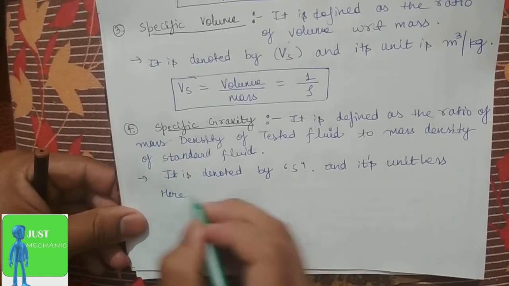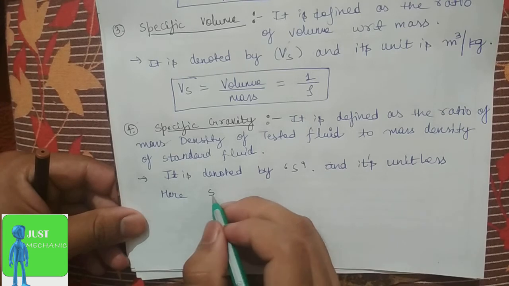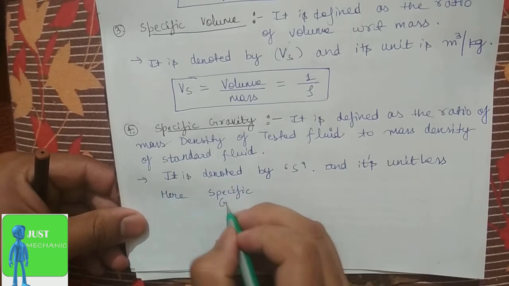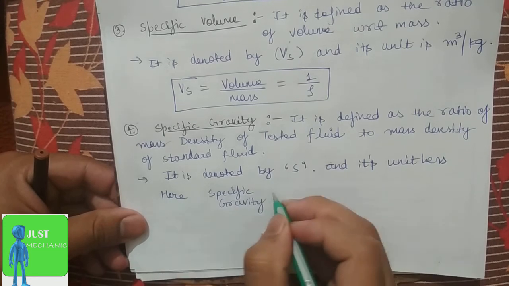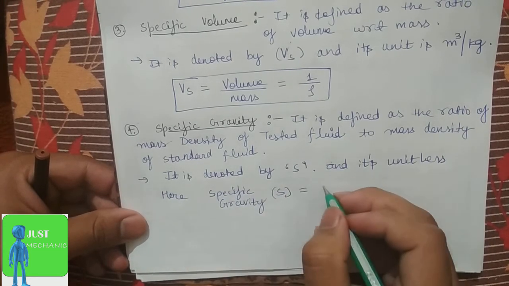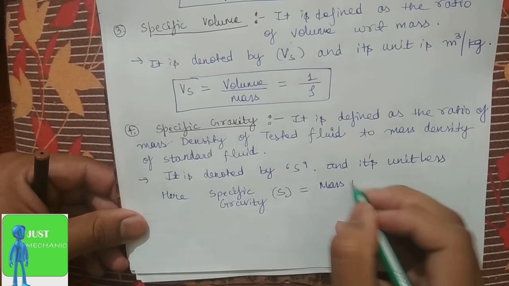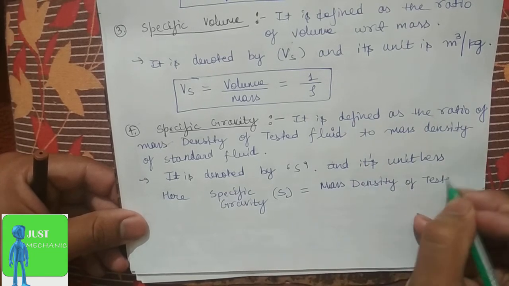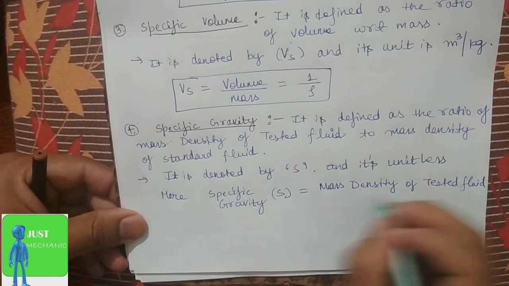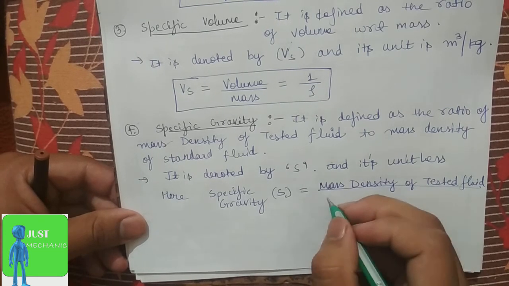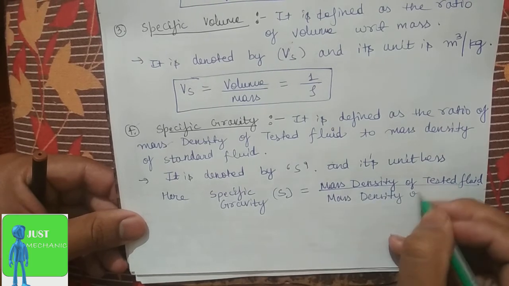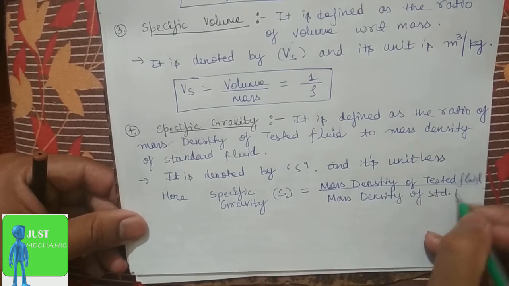Here specific gravity S equals mass density of tested fluid divided by mass density of standard fluid.